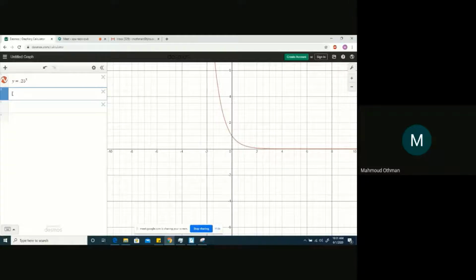Now I have my second function, which is 0.25 to the x plus 3. Let's compare the two functions. This is my parent function. So then (1, 1/4) or (-1, 4).